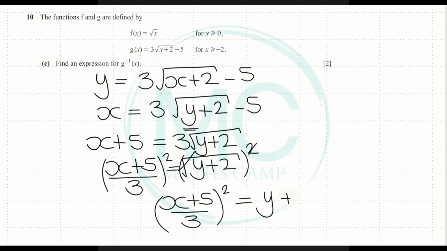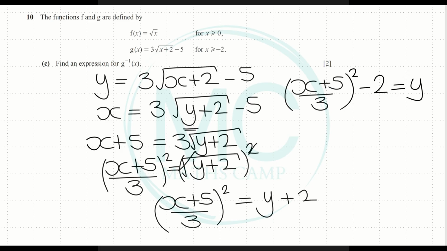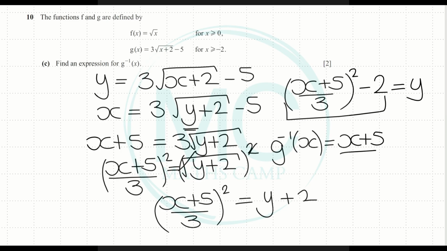We have y plus 2. Finally, we have to move 2 to the left. We now have x plus 5 over 3, squared, minus 2 is equal to y. This is the equation of our inverse. So we can say g to the negative 1 of x is equal to x plus 5 over 3 in a bracket, squared, minus 2.